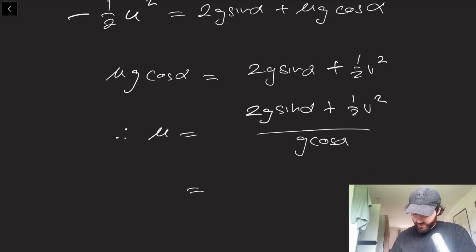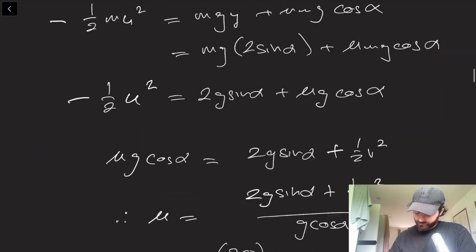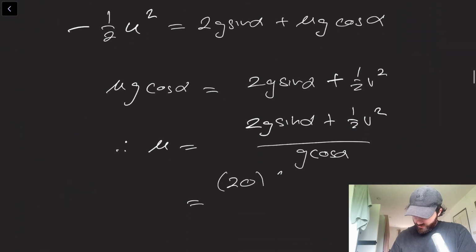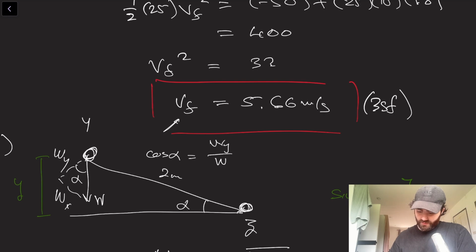Okay, so we plug all this in, we get 2 times g, so this will be 20, 2 times g. Sine alpha was what? 0.28. 0.28 plus a half of v squared. This is 5.66.